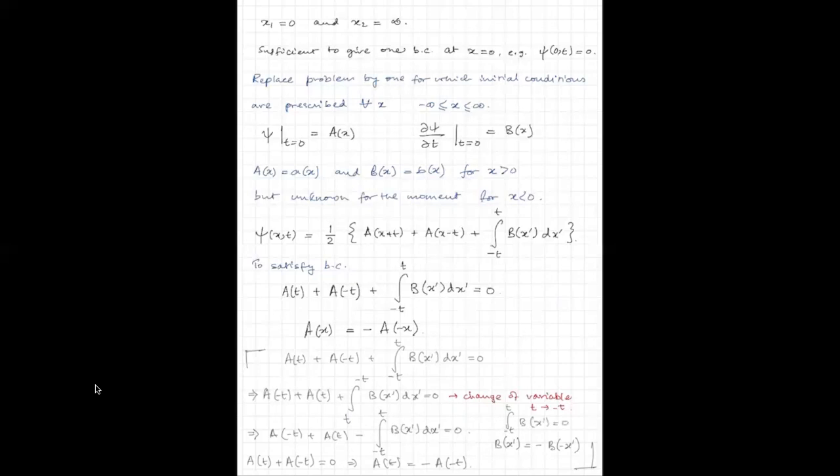This essentially implies this, right? So this has to be an odd function. If this is symmetric about something and this goes to 0, it has to be an odd function. Very good. So a is an odd function, b is an odd function.